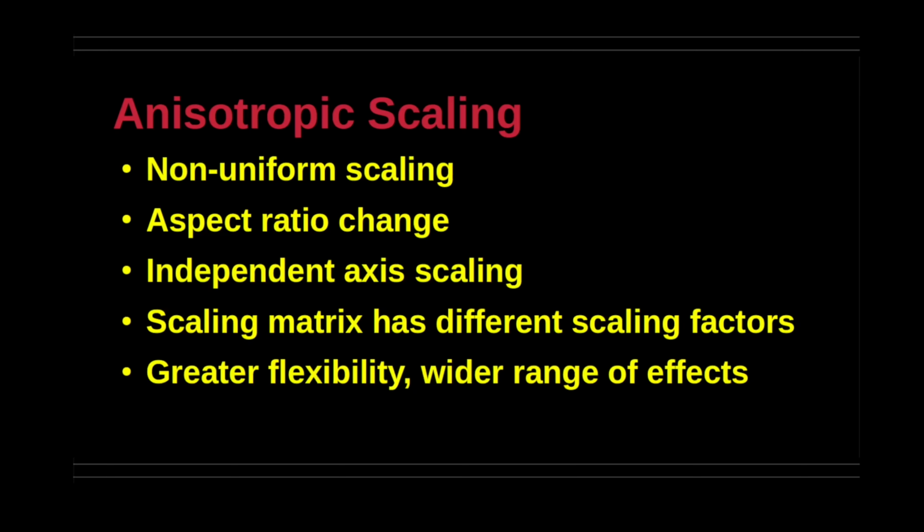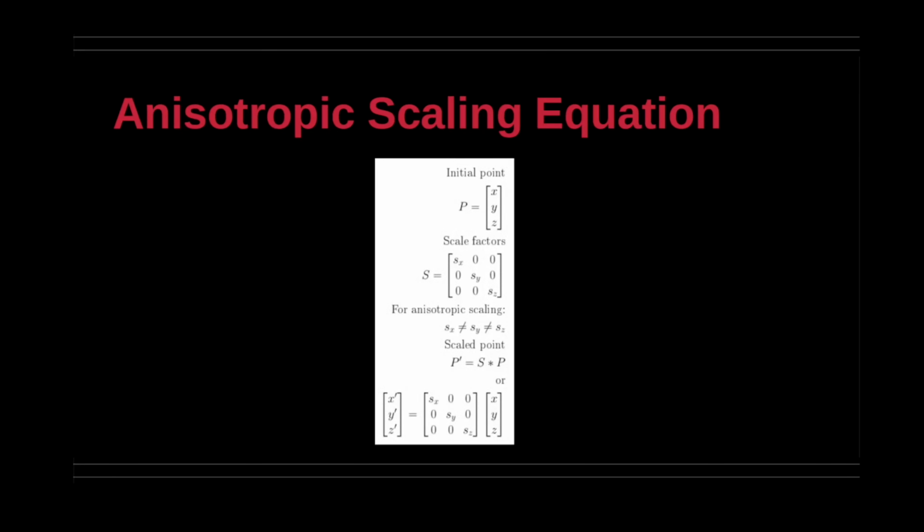While anisotropic scaling can preserve the overall shape of an object, it can distort angles and distances. When applying anisotropic scaling to images or 3D models, appropriate interpolation techniques are essential to avoid artifacts. In anisotropic scaling, the points scale differently along each axis since the scale factor is different for each axis.